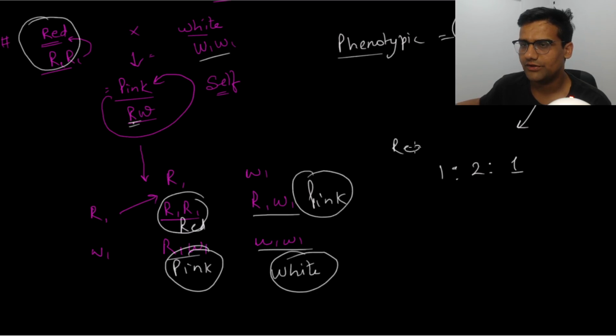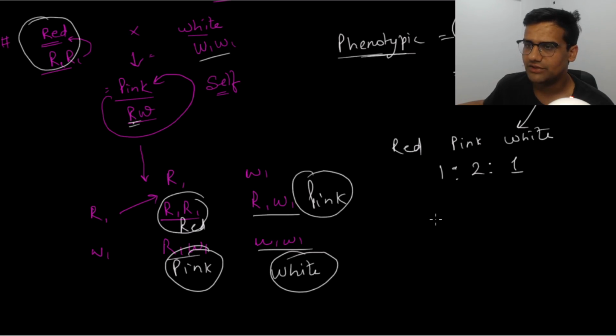The normal 3:1 phenotypic expression ratio is changed from 3:1 to 1:2:1.